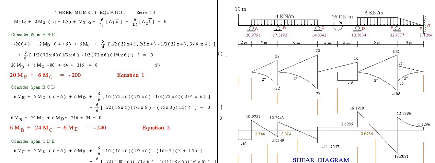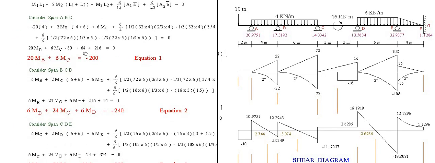Then simplifying, 2 times 10, 20 MB. 2 times 10, 6 MC. Then the constant, we have 80 here as minus on the left of the equation. This constant is 64, and this constant positive 216.